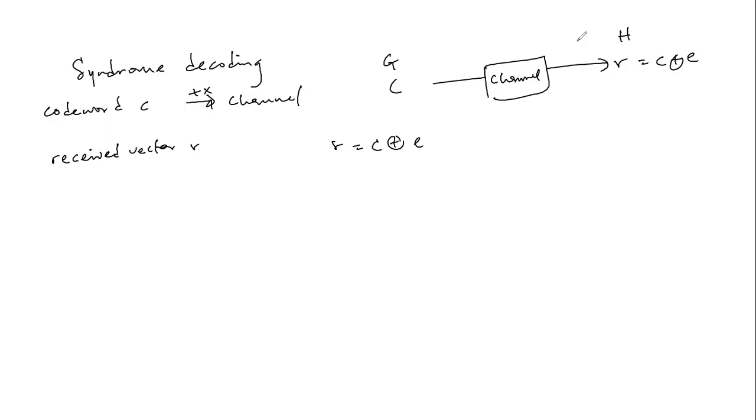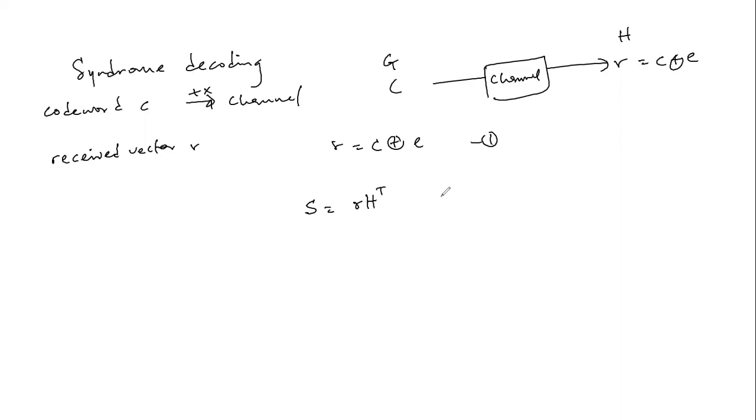Further to this, it is required that the receiver decodes the code word from the received vector R. To achieve this aim, the algorithm commonly used to perform the decoding operation is called the error syndrome vector, or simply the syndrome. The syndrome is related to the parity check matrix, such that the syndrome S is the same as the received vector, which contains the code word and the error, times the transpose of the parity check matrix.